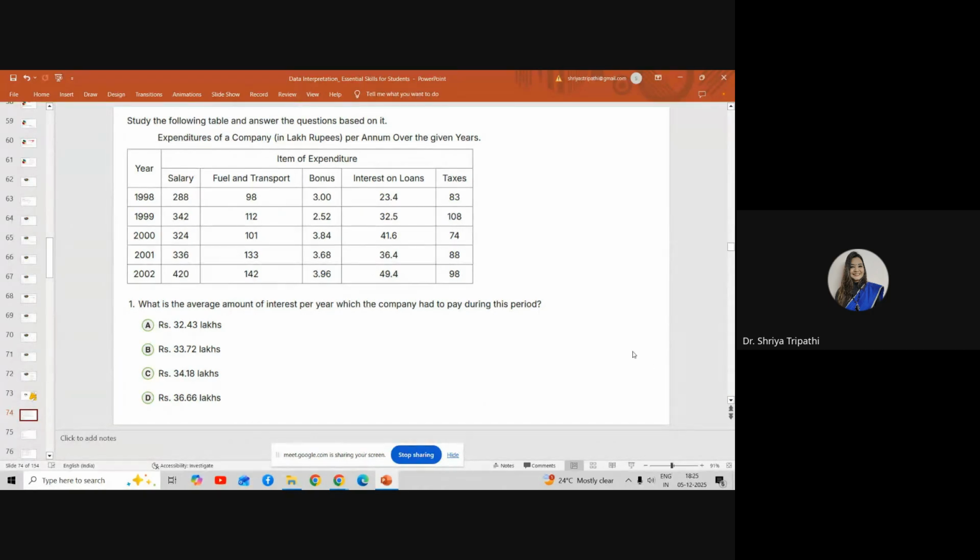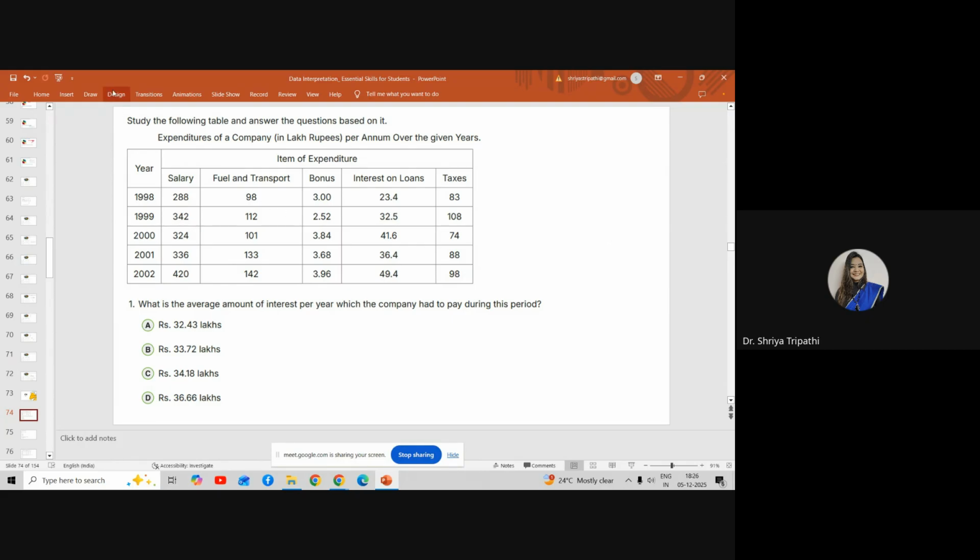Study the following table and answer the questions. Expenditure here, be careful, it is in lakhs per annum. You can see from the left-hand side, it is your salary, the various expenditure, fuel, transport, bonus, interest on loans and taxes. What is the average amount of interest per year which the company has to pay during the period?